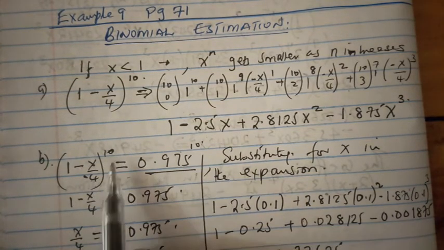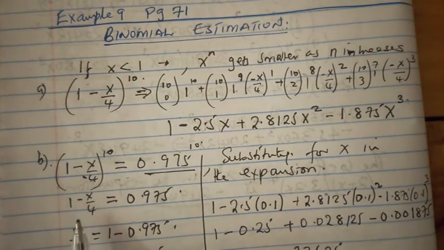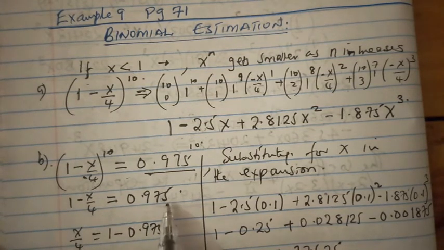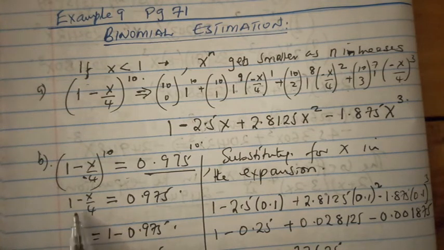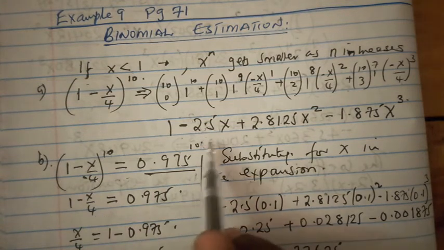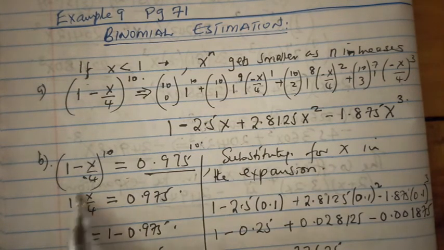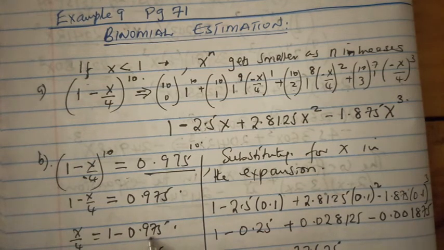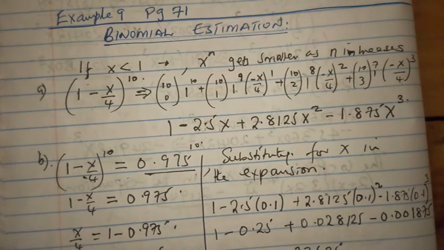Since the powers are the same, the expressions free from the powers are also equal. At this point, we just need to make x the subject of the formula, so that once we get x, we can substitute its value. Taking this across, x over 4 is equal to 1 minus 0.975, which is 0.025.